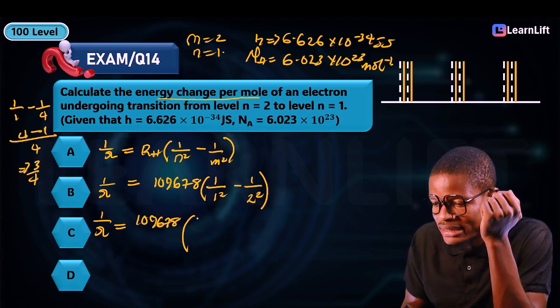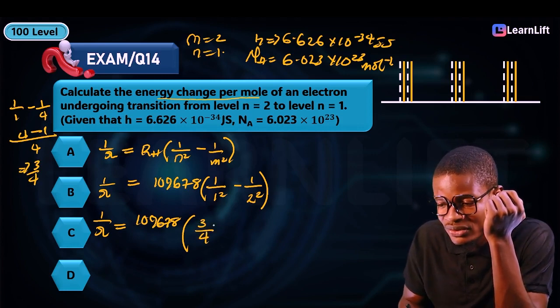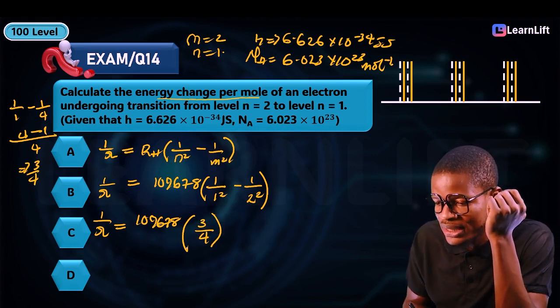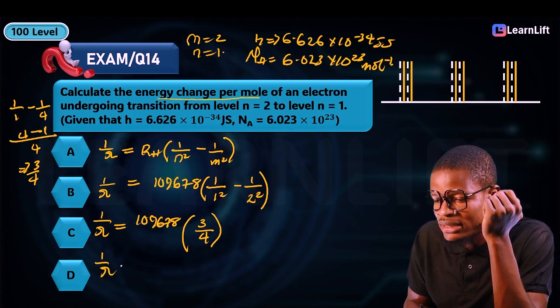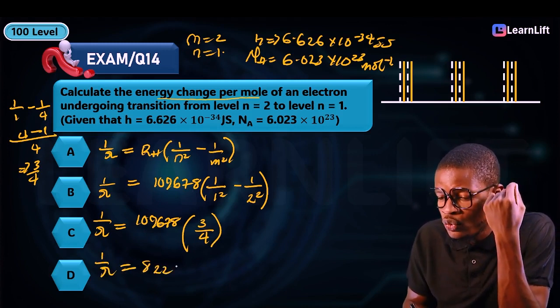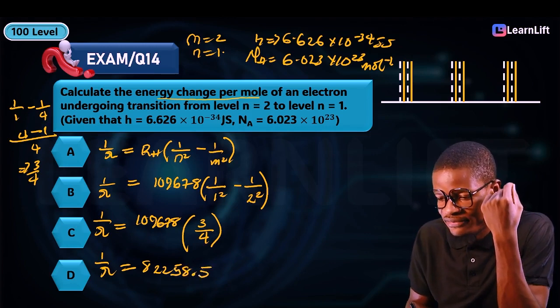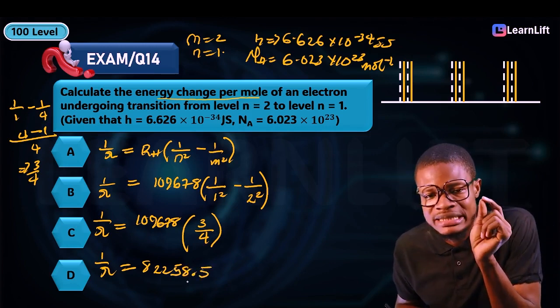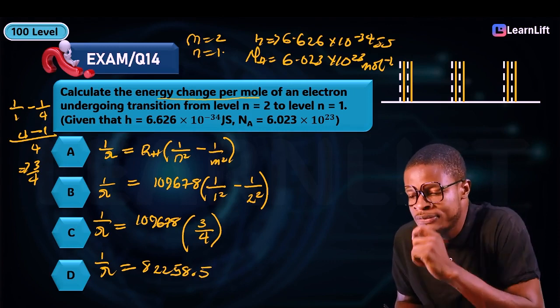So in exam condition, this is a very constant question that you repeat. That's going to give me 1 all over lambda is equal to, of course, 82258.5, right? Yes. So this that I've gotten now, hold on, let me explain.